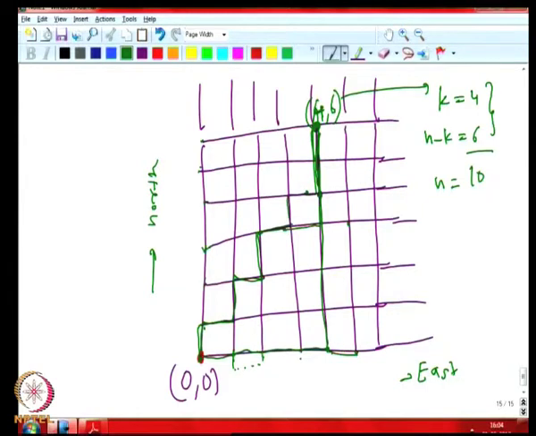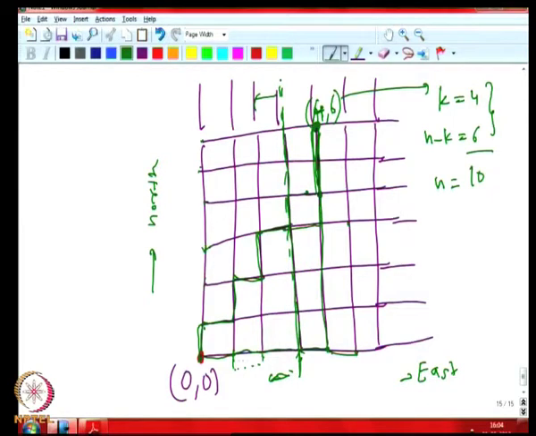I will have to travel 4 units towards east, because if I travel only 3 units, then I will reach maximum up to here. In the north direction, however much I travel, I will be before this line. I will never cross this line right here.